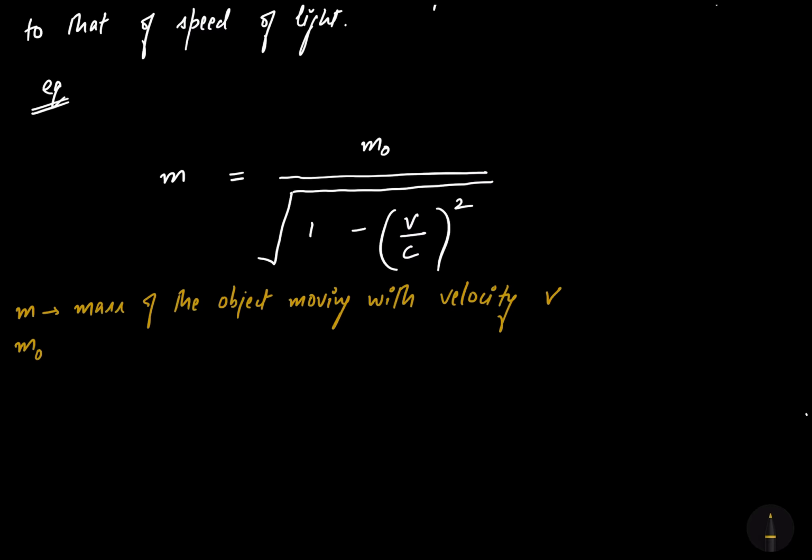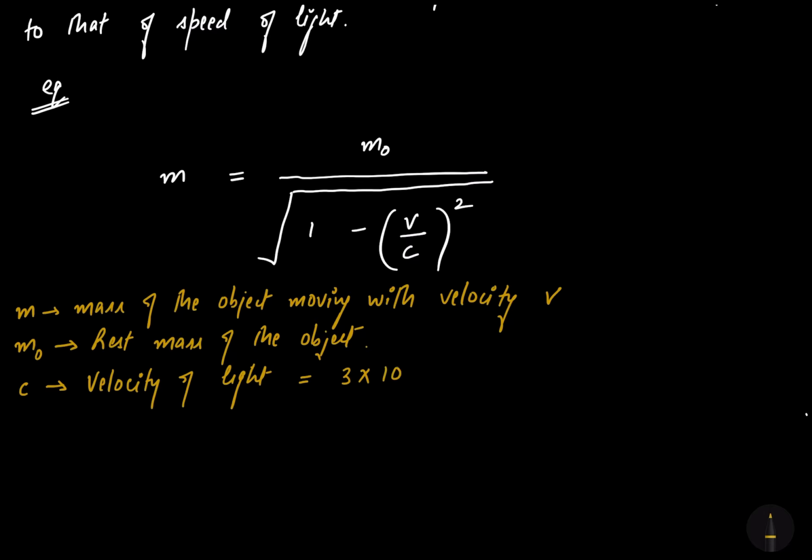The m naught is the rest mass of the object. C is the velocity of light, and we all know the velocity of light is 3 into 10 to the power 8 meters per second.